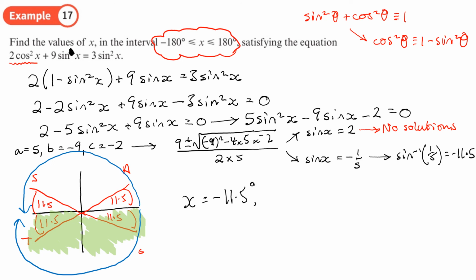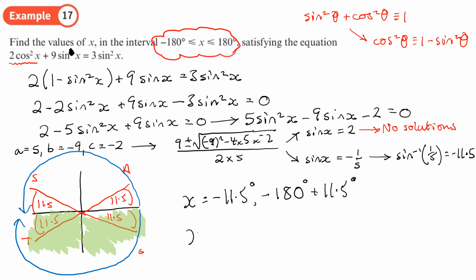Then the other one is going to be negative 180 plus 11.5, because we want it as a negative angle, not as a positive angle.